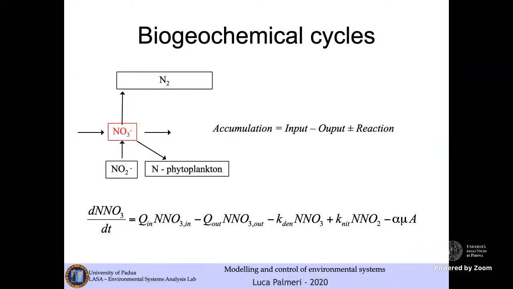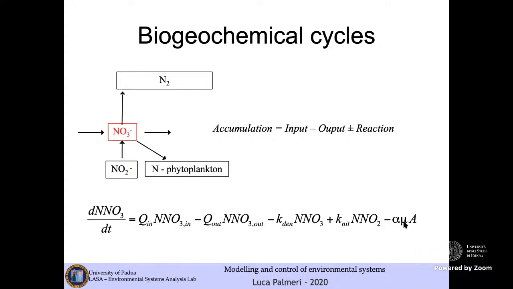And then we include a set of other processes that we may also call biological transformation processes. In this case, this is predation, or assumption, more precisely, assumption of nitrate for phytoplankton growth. So we have a transformation term that depends on the speed of the process, of the growth rate.